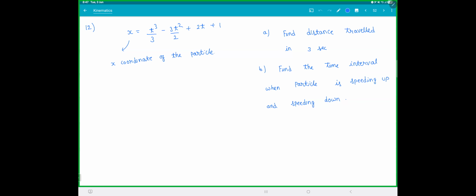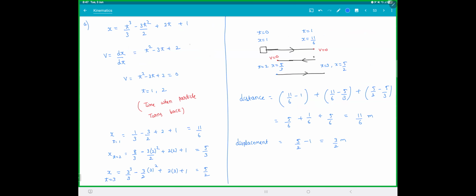One to two speeding down. You have to give me the full interval. You maybe got just part of an answer. You already know the velocity.